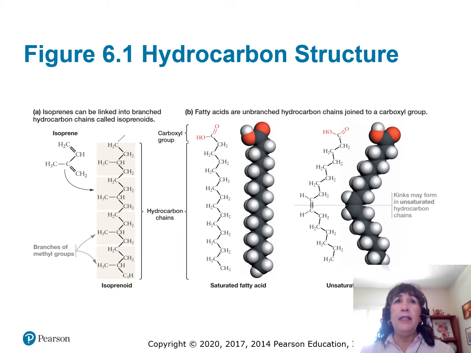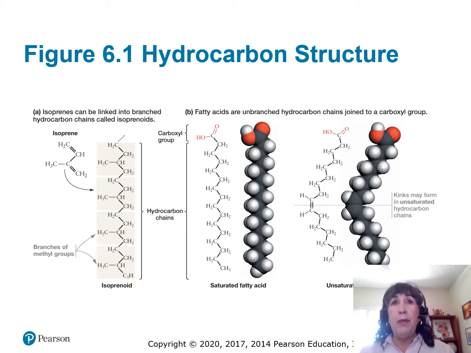I love this example in figure 6.1. First of all, you see something called an isoprene. It's just showing you a small hydrocarbon, and if you add a whole bunch of isoprenes together, you get an isoprenoid. And if you put a carboxyl group at one end, then you get a fatty acid. So that's what you see in the middle.